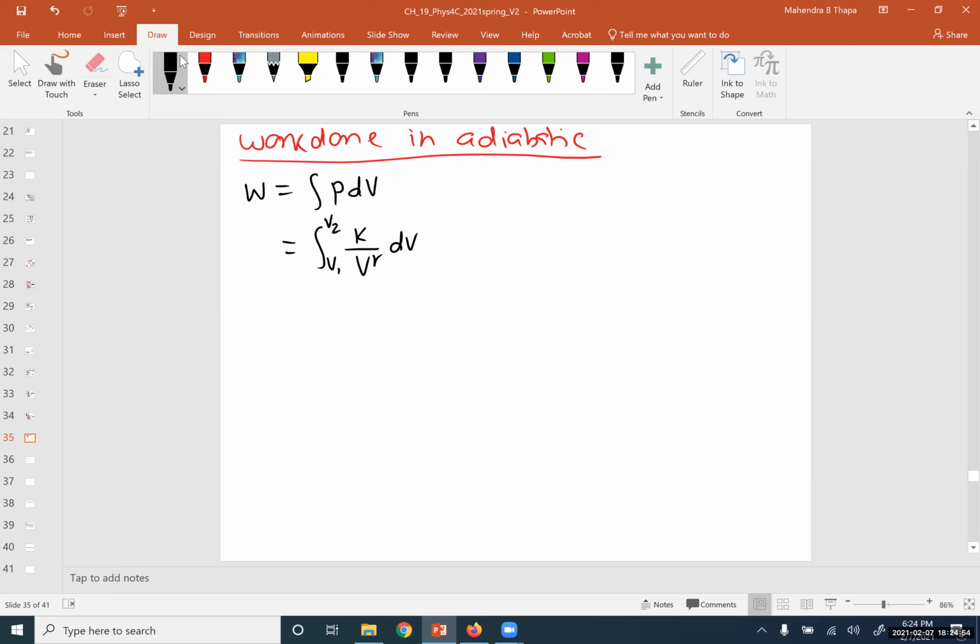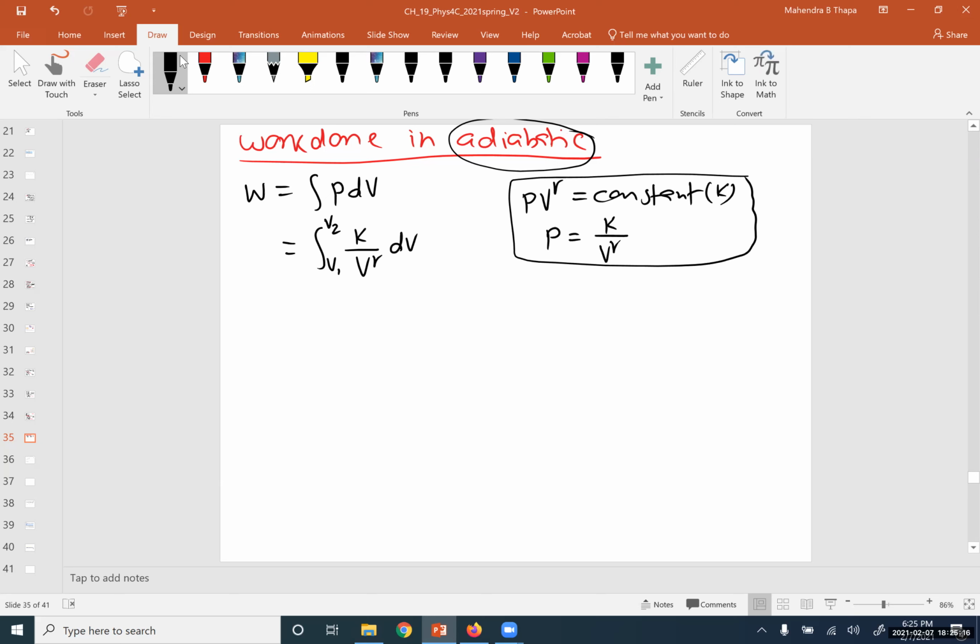In the adiabatic process, we have P V gamma equals constant. So P equals, say this constant is K, over V gamma. That's how we replaced P in this equation.